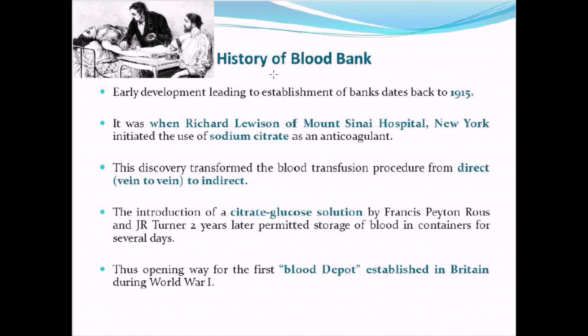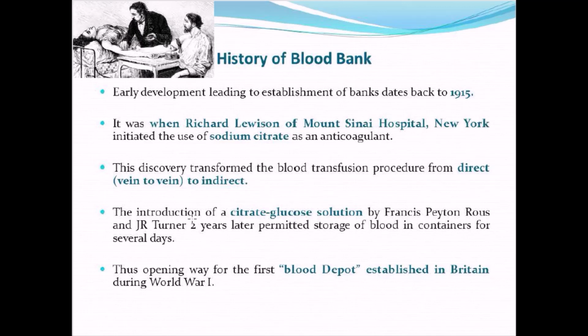So blood banking has a history, and the development of blood banking can be dated to 1915. It was when Richard Lewisohn of Mount Sinai Hospital in New York initiated the use of sodium citrate as an anticoagulant. So that instead of doing direct vein to vein, you can first get the blood from the donor, store it in sodium citrate, and then do the blood transfusion.